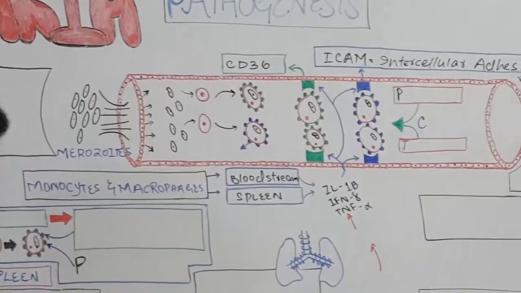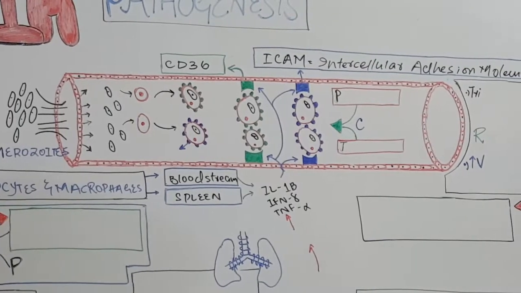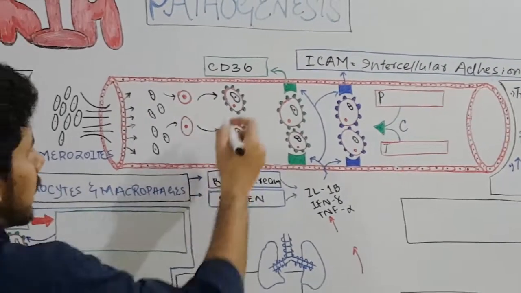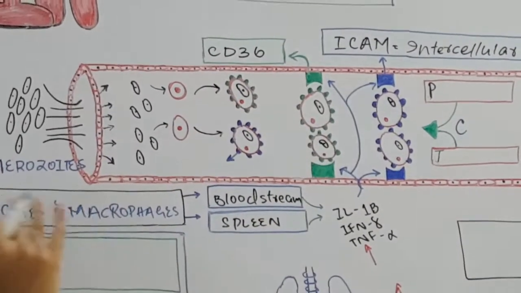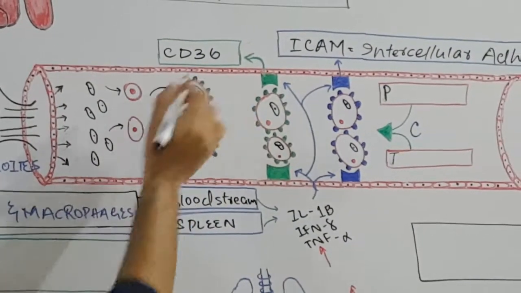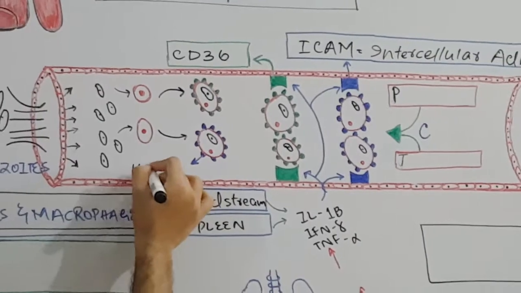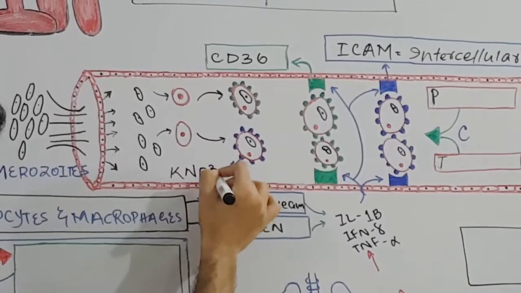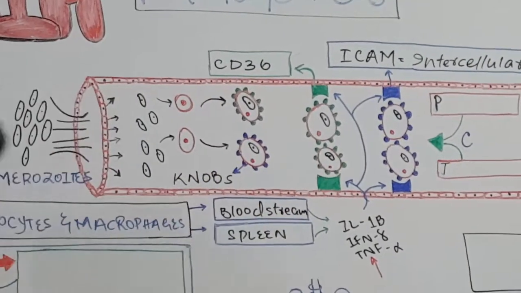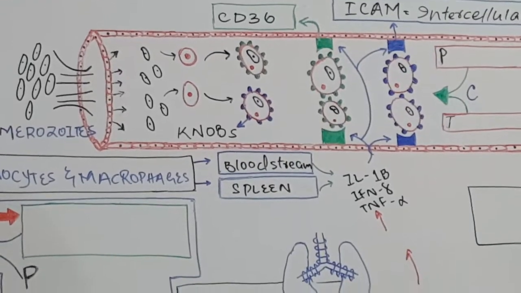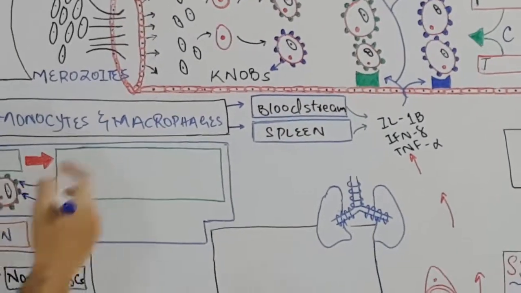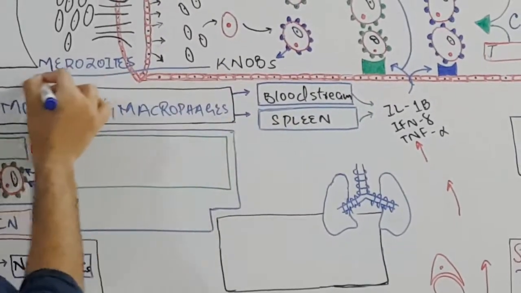These merozoites produce a special type of chemical which induces the production of some proteins on the surface of the RBC, and these proteins are simply called knobs. Knobs. I am describing it here, these knobs.